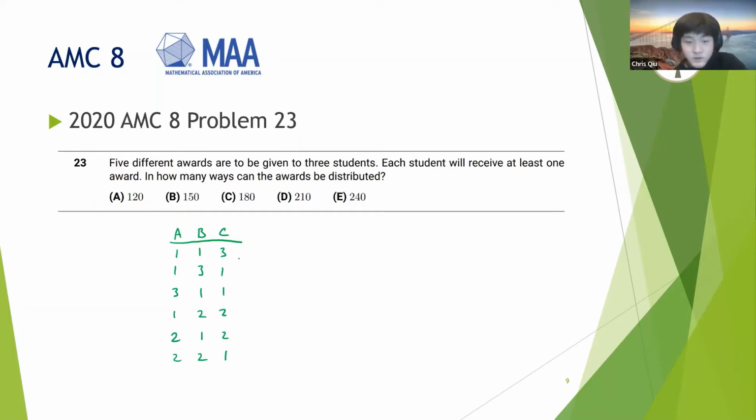And so we can count the number of distributions for each case. In our first case, we have A having 1 award, B having 1 award, and C having 3 awards.